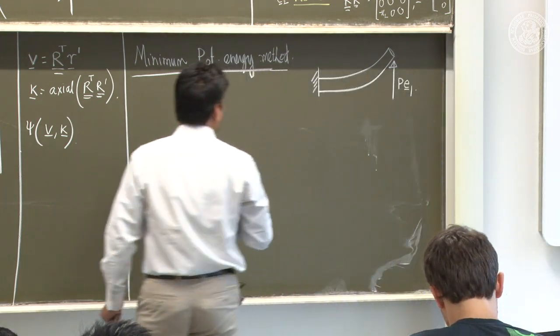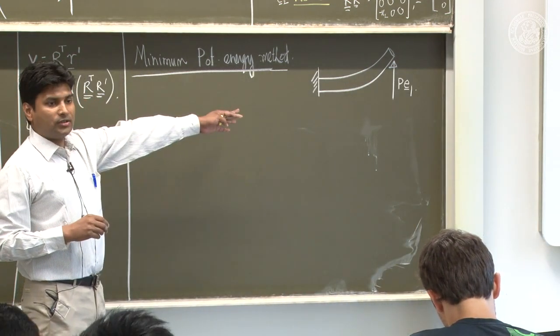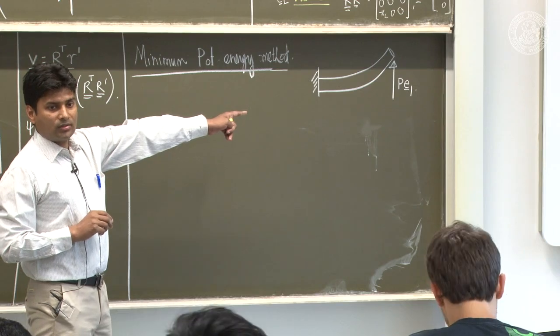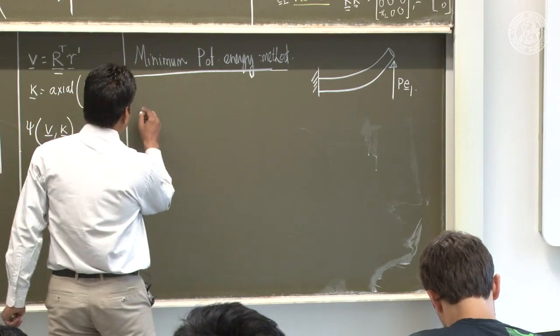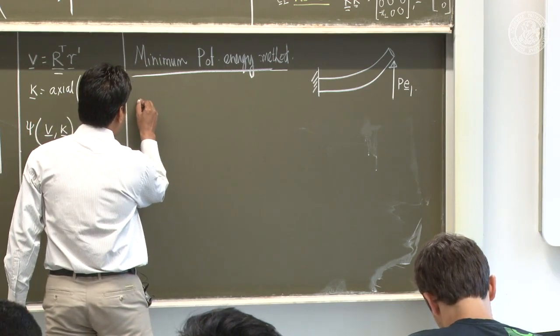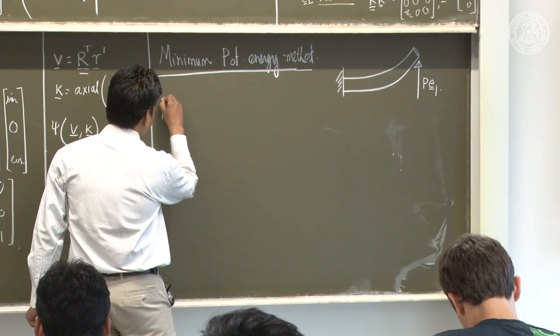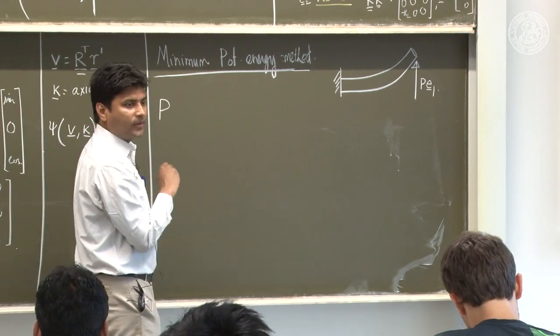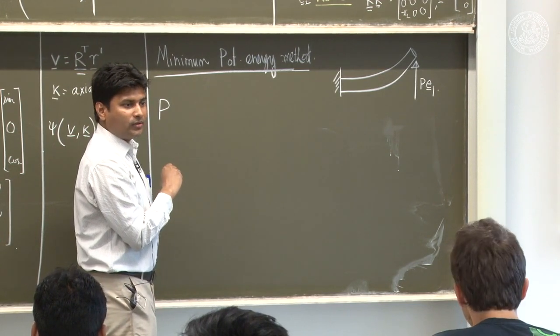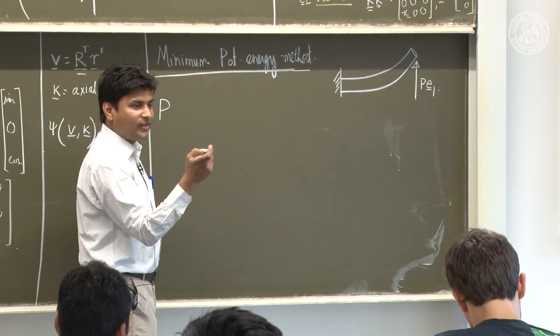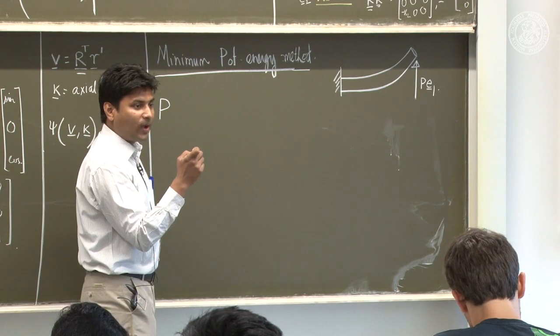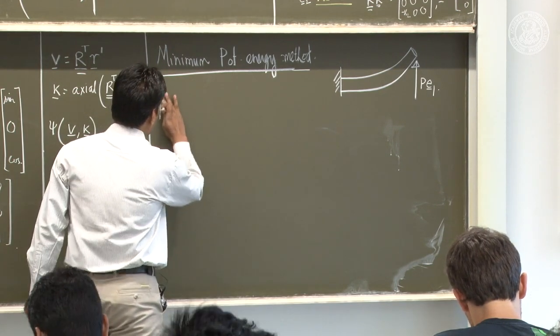So, what's the total potential energy of this rod? If I denote my potential energy by, let us say, Pi, yes, Pi.